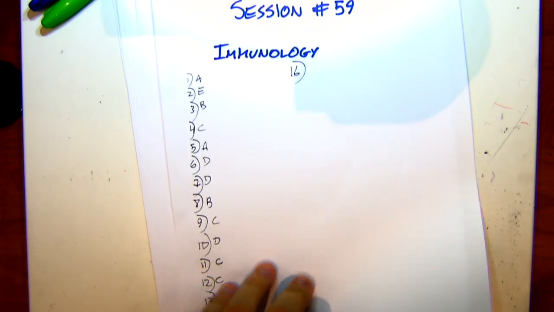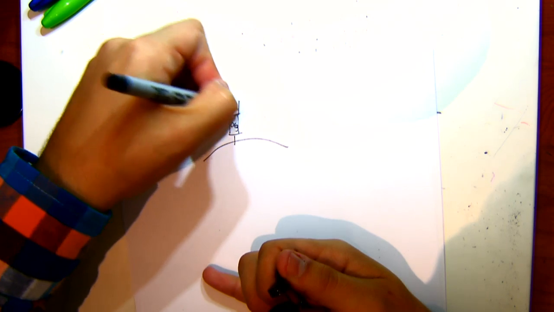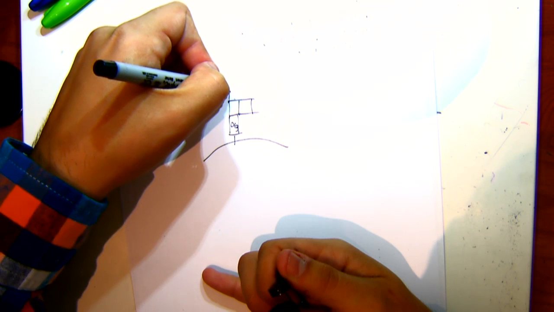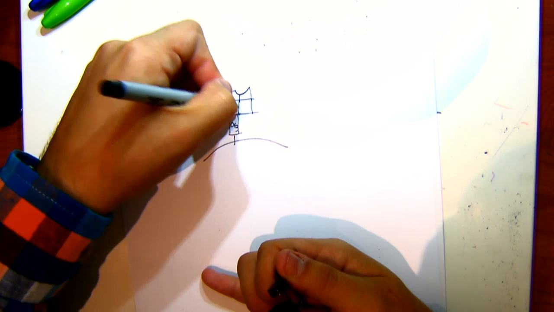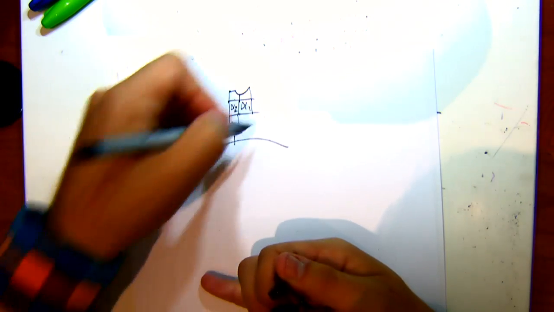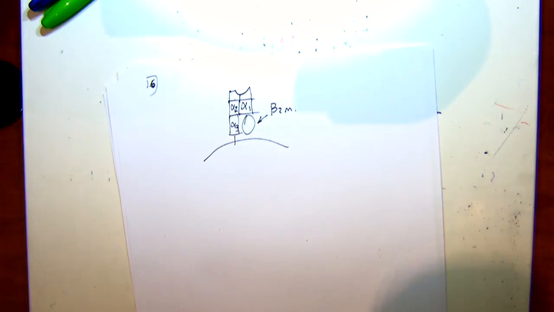So if we had to draw it really quick, this is 16. You would have the surface of the cell, alpha 2 and alpha 1. Ignore this line, it's supposed to be one single thing. And then that's the beta 2 microglobulin, remember?